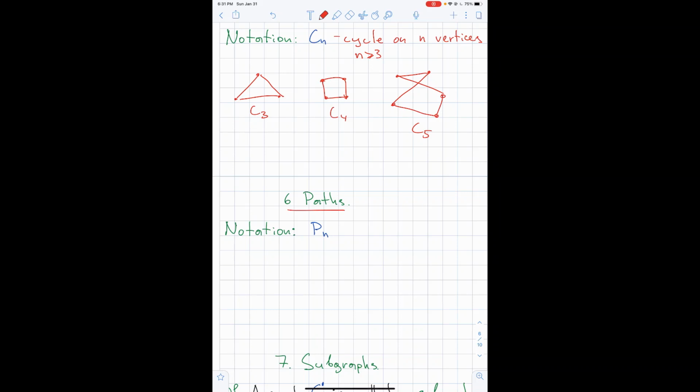So Pn is the path on n vertices, or of length n minus 1.